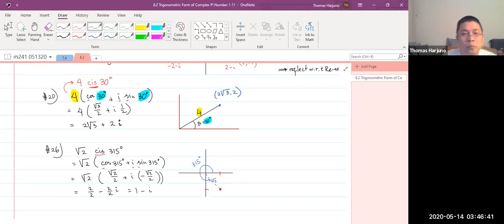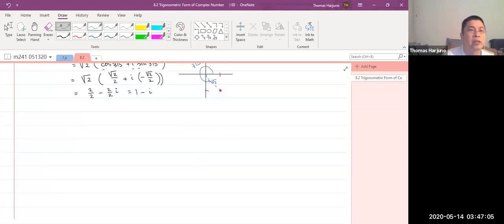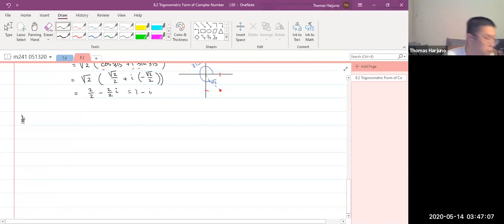But what we really need to learn is how to go backward. Suppose we have standard form, how to get the trigonometric form. Suppose, for example, I do number 38.